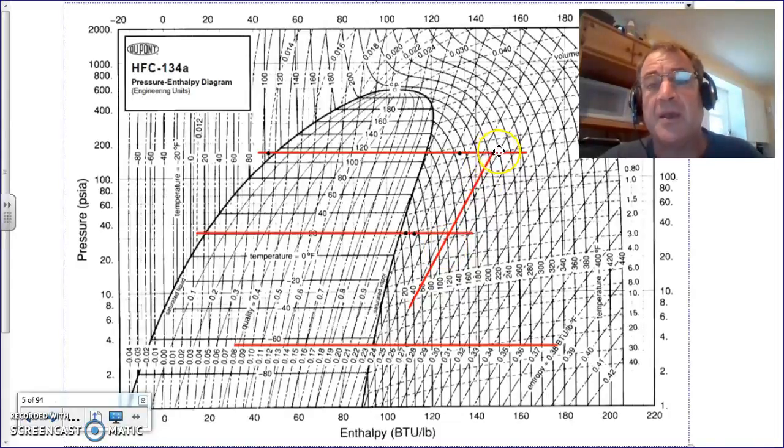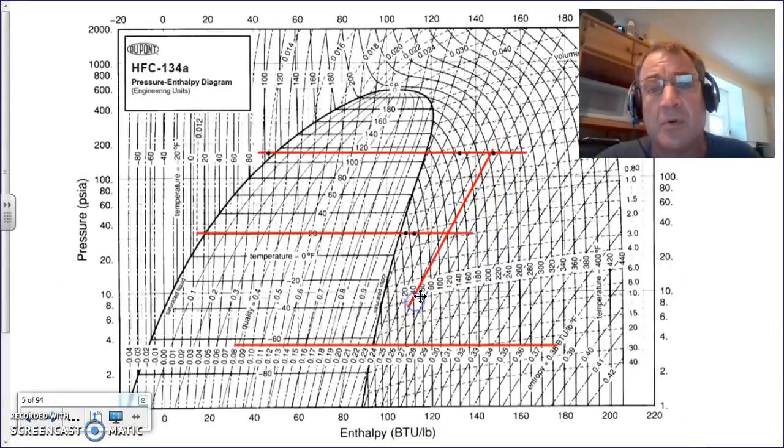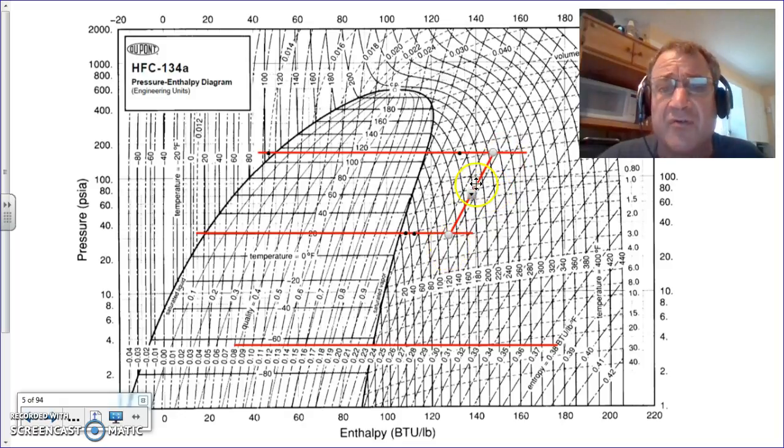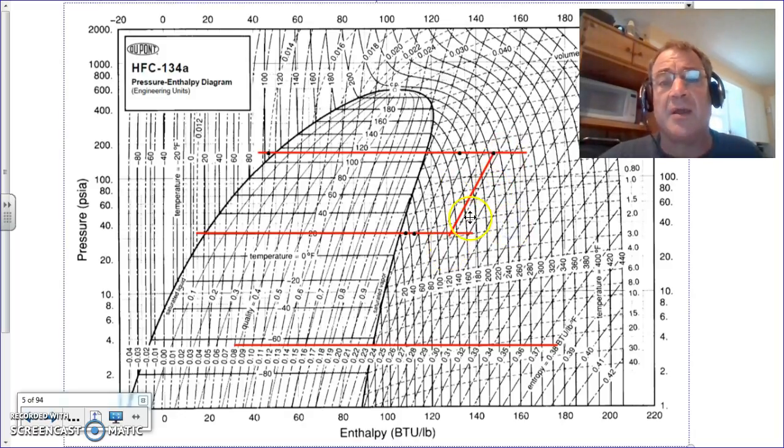If we draw a line from the pressure and temperature of the refrigerant vapor as it leaves the compression chamber down to our bottom line, and we keep this line parallel with the lines of constant entropy, then we'll have a line here that represents our compression stroke.